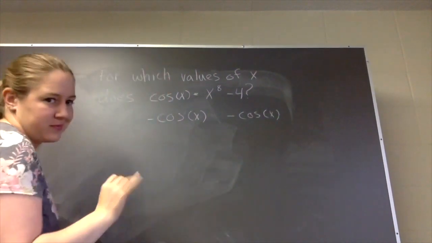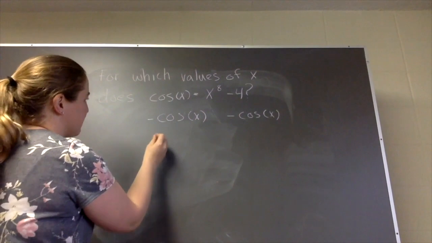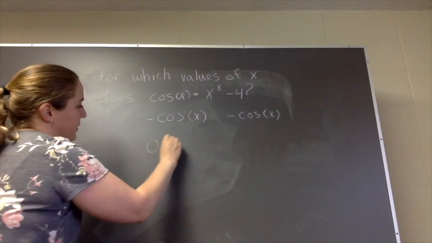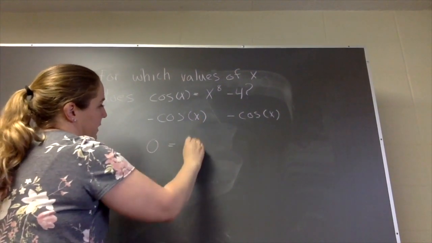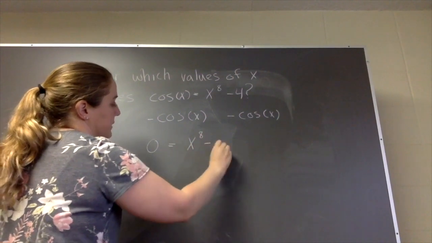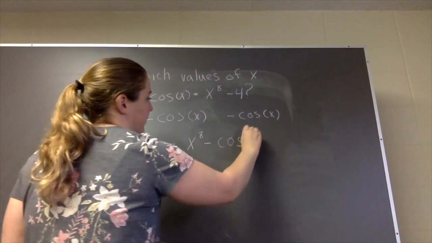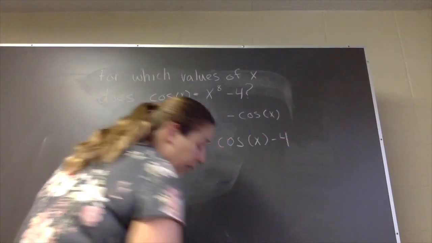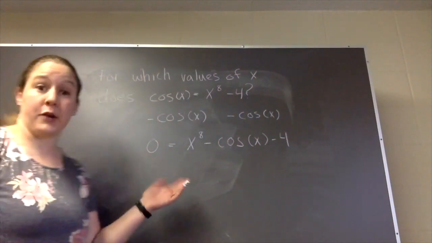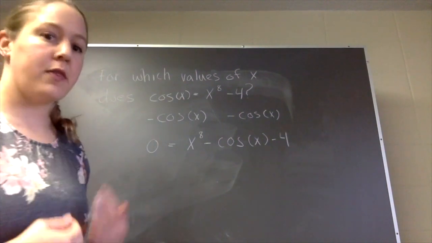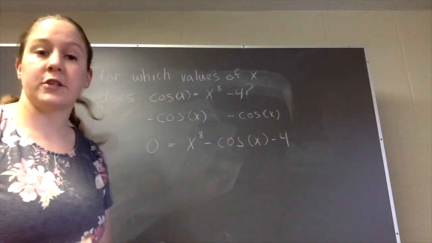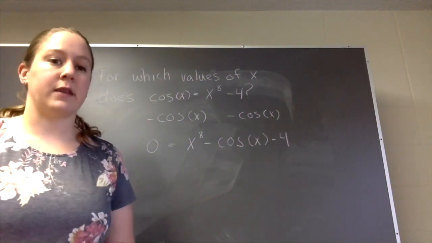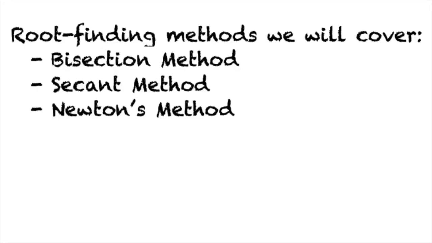So we're getting 0 equals x to the 8th minus cosine of x minus 4. And then Wolfram Alpha is going ahead and using a root finding method on this function right here instead of solving the equation. So these are the basics for what a root finding method is.